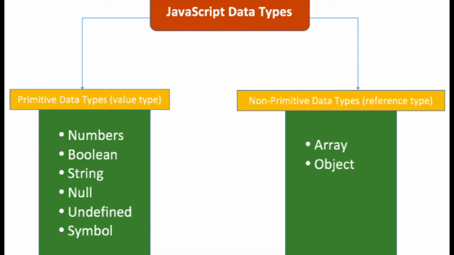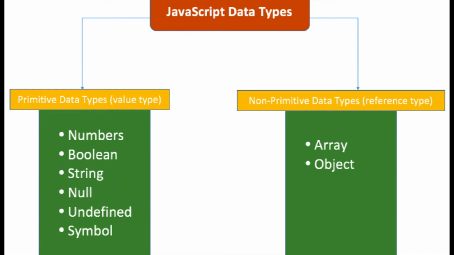When we're talking about the primitive data types, we're talking about numbers, booleans, string, null, undefined, and symbol. Symbol is a new data type, which was introduced in ES6. Later on, we're going to discuss that, but not in detail in this tutorial. Another one, obviously, is the non-primitive data types, and we're referring to objects.